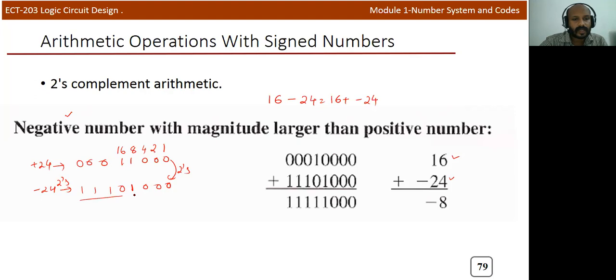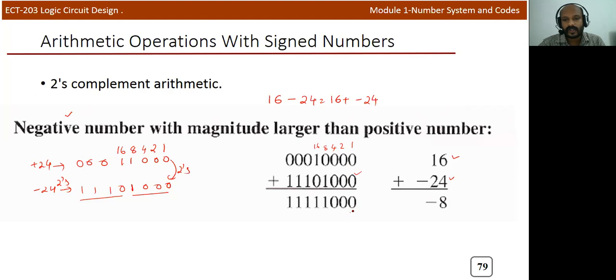So this is the binary 2's complement representation of minus 24. So that's why here it is 1 1 1 0 1 0 0 0. Okay, and this is the binary representation of 16. Okay. We write 1 2 4 8 16. So this is 16 actually, and we can add these two binary sequences.